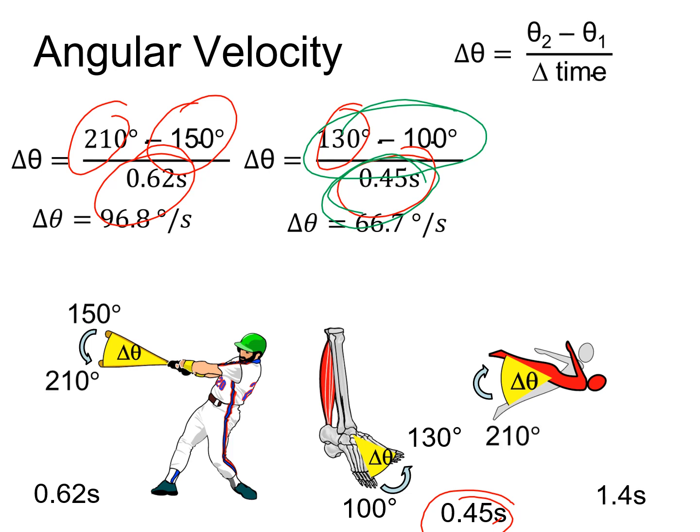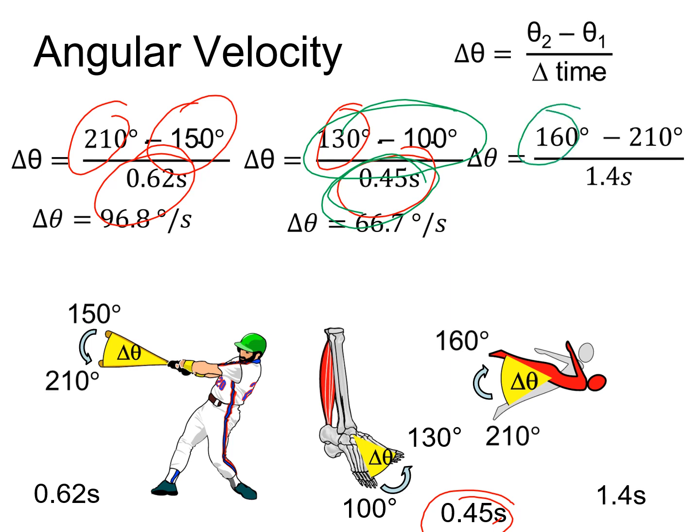And then our last example, they had an absolute angle of 210 degrees, and they transformed to 160 degrees. So we take 160 degrees minus 210, then we divide by 1.4 seconds. So 160 minus 210 is 50 degrees, divided by 1.4 seconds, and we have negative, because I should have said this was negative, excuse me.